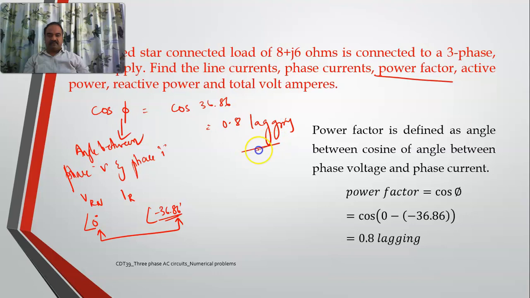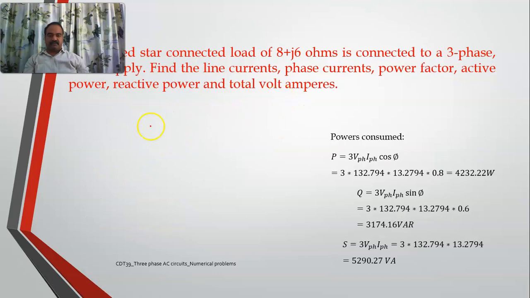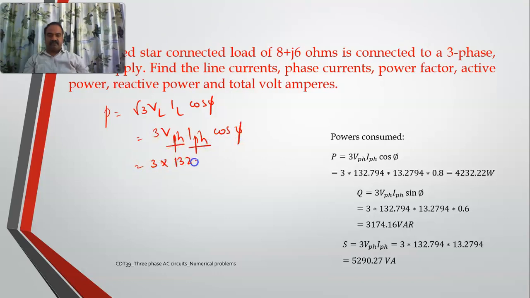This is perfect. Now if I want the powers, how do we obtain them? P is equal to root 3 VL IL cos phi, or I can take 3 VPH IPH cos phi. I should consider only magnitudes, right? So 3 into 132.79 into 13.279 into 0.8.